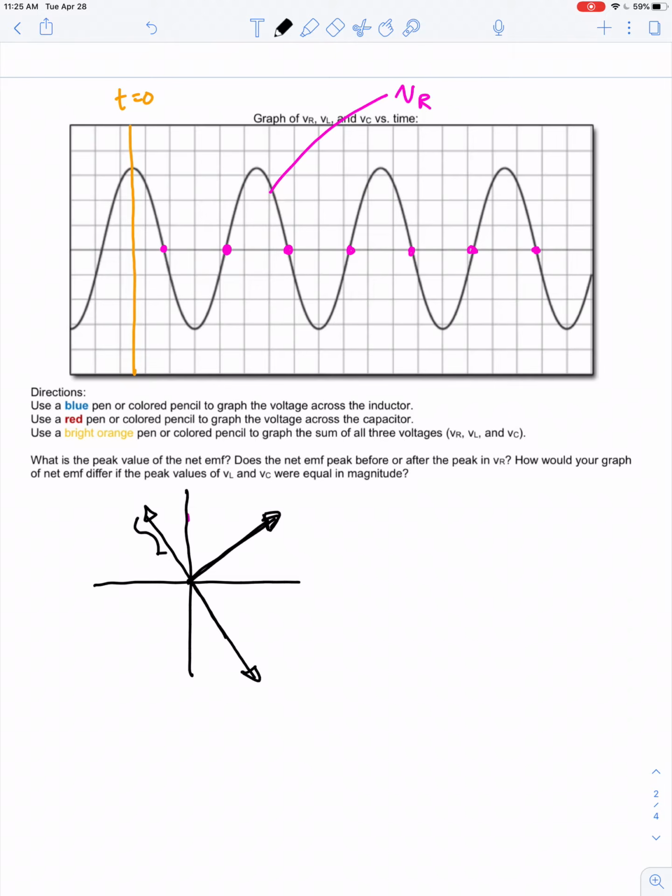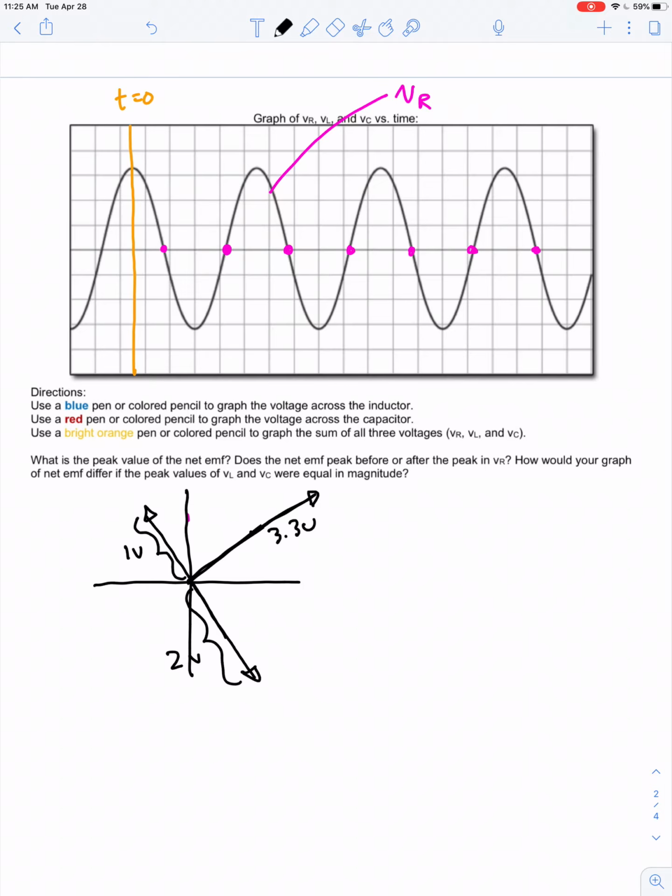In our example problem, this is 1 volt. This is 2 volts. I should draw this a little longer. This one is 3.3 volts. That would be a phasor diagram for this one.